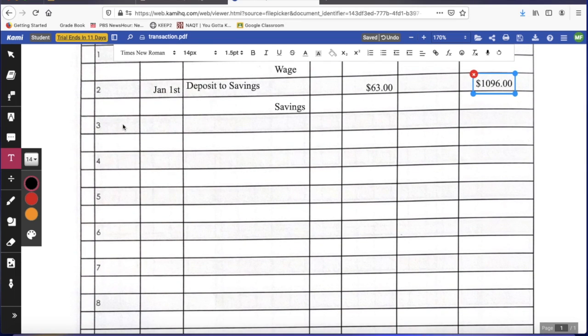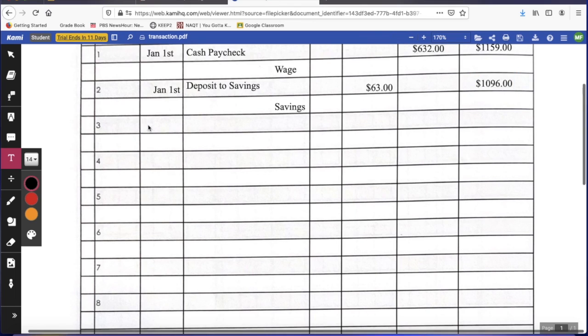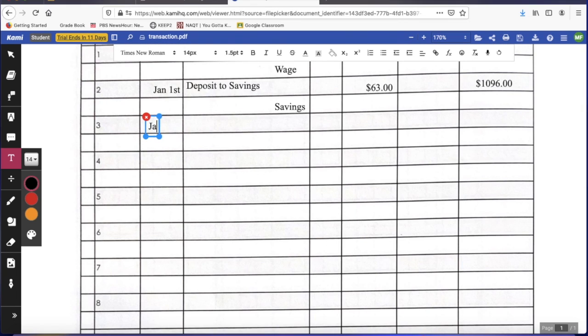So number 3, Sam pays his portion of rent on the 1st of every month. He pays the landlord $250. So first thing we do, date. Again, he's still on the 1st. This is going to the landlord for his rent, and he spent $250 on rent.